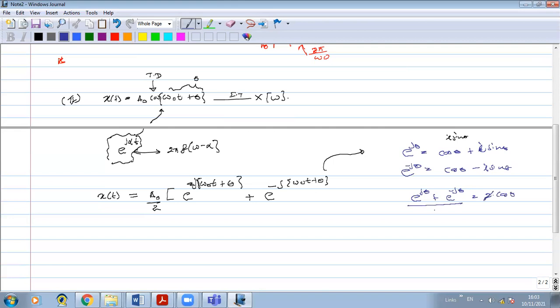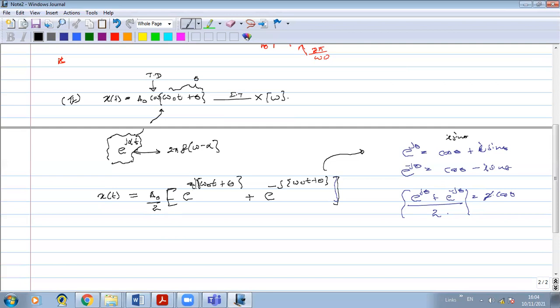So cos theta means we divide this by 2. I consider the full term as theta, then we have our expression like this. I think you can understand it.